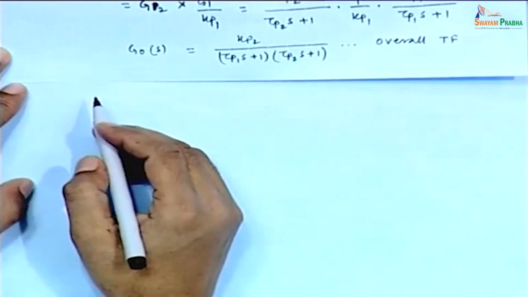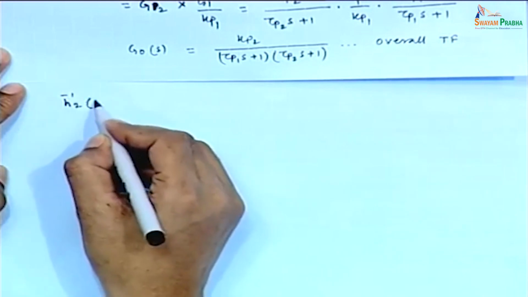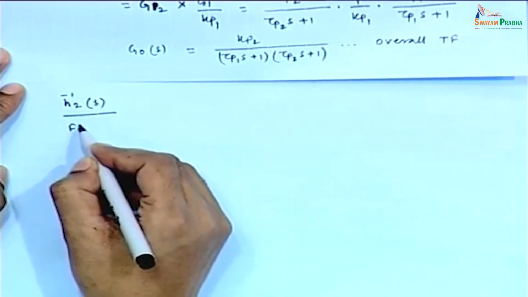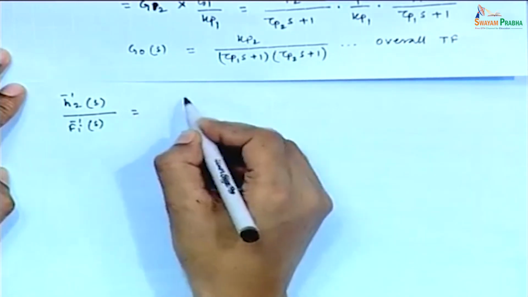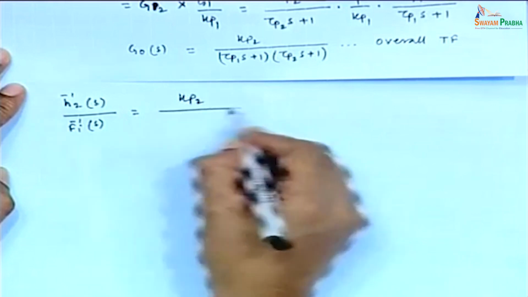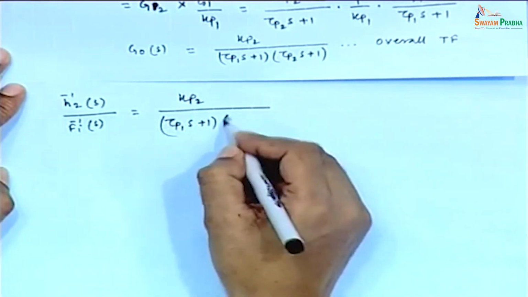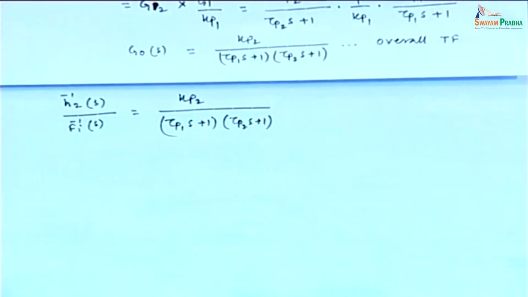So, G naught(s) is basically H2 bar prime(s) divided by Fi bar prime(s). We can write in this form.